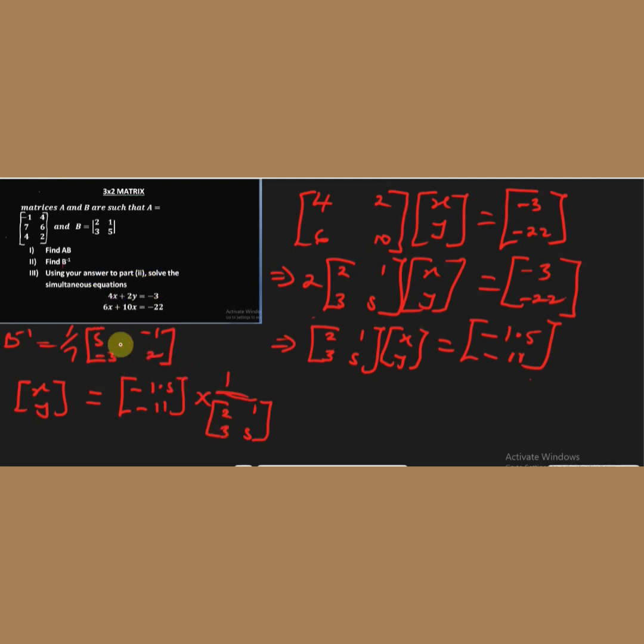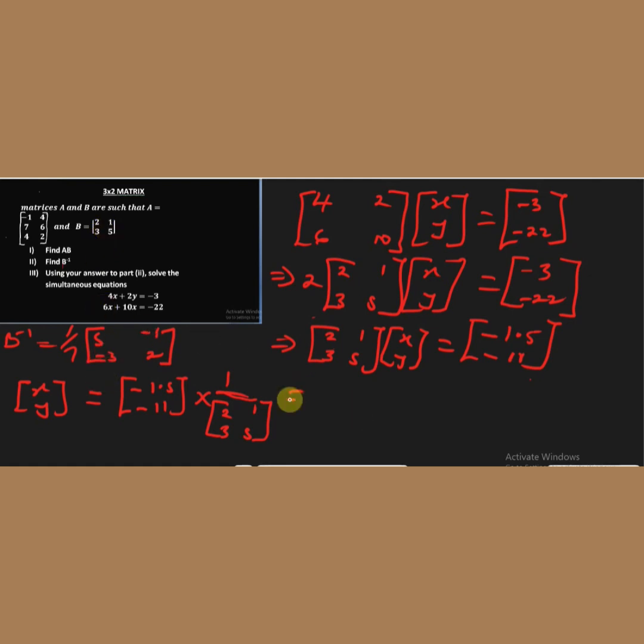The inverse of this must surely give me this. Okay, let's check. Remember, we got the inverse. When we solved for the inverse, we got this. So the inverse will give me this.